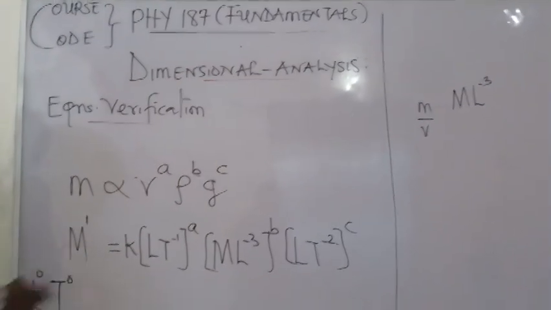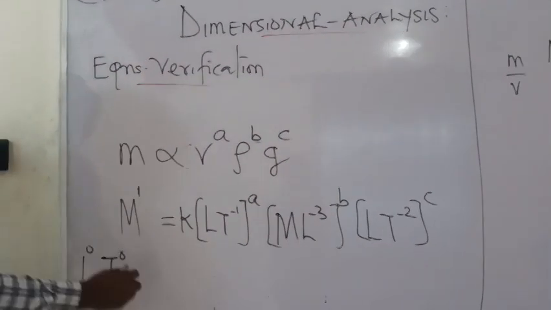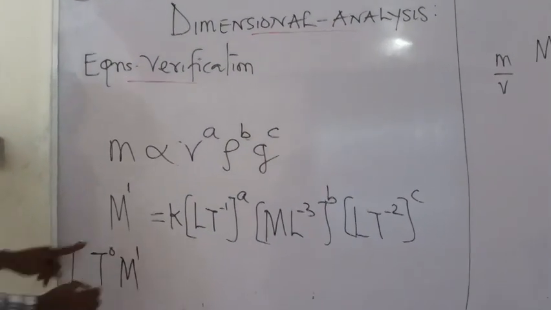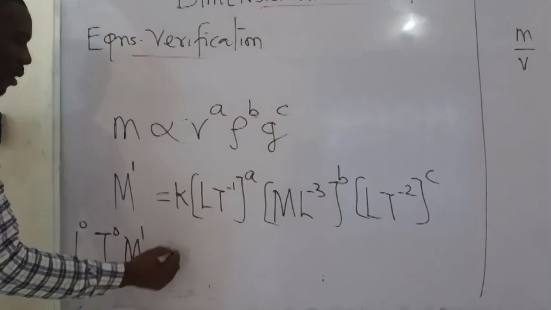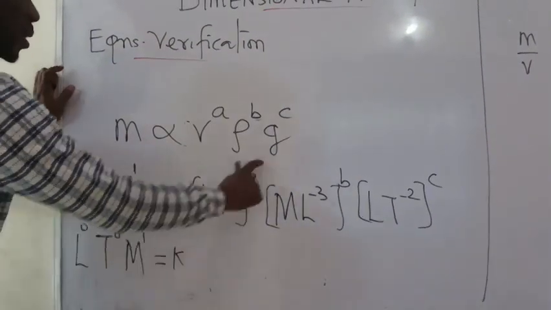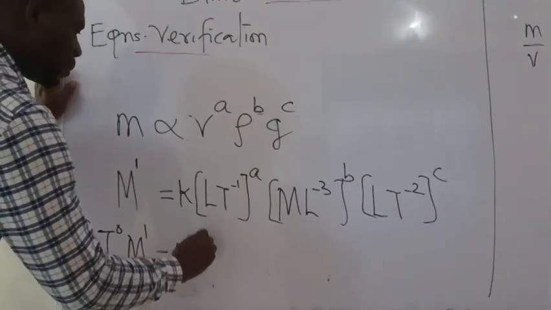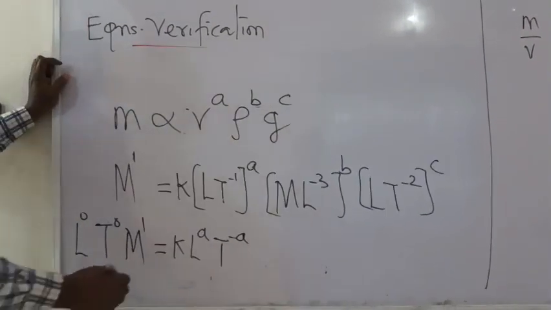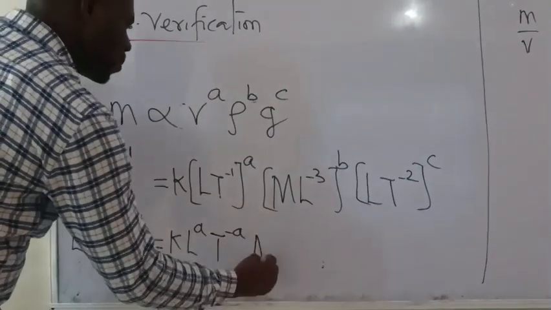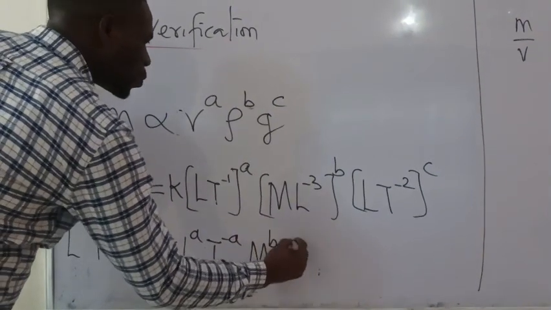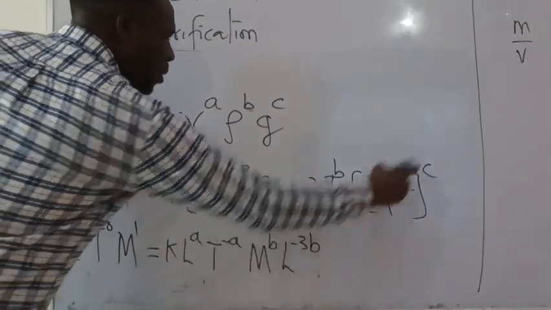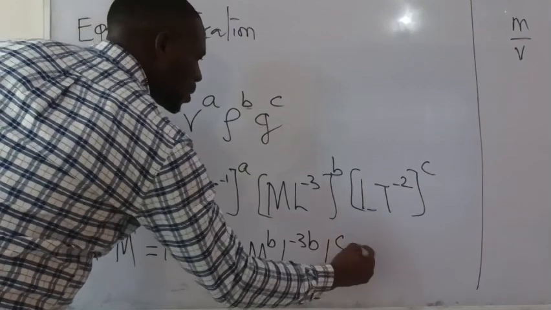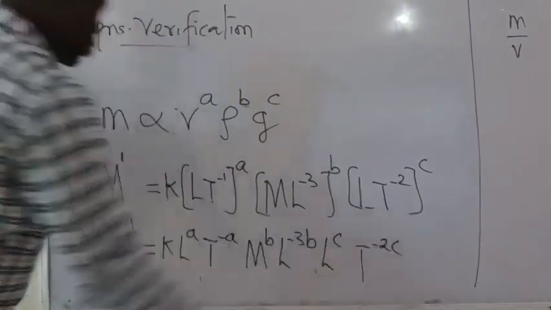So both of them represent 1, which is the reason we are left with M raised to power 1. And of course, this is K. Now, this is L raised to power A, T raised to power minus A, then M raised to power B, L raised to power minus 3B, L raised to power C, and T raised to power minus 2C.